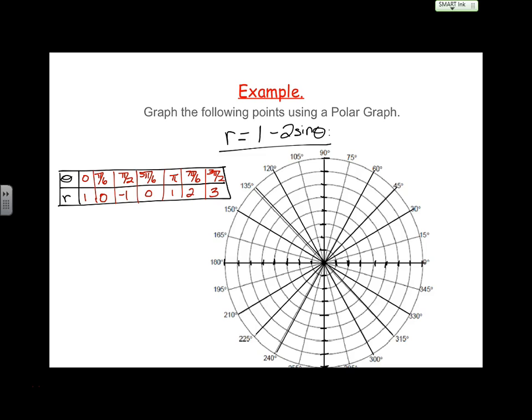I did some quick unit circle stuff just to get us started, in case you guys got one. We'll do A, B, C, D, that way you guys can see it.